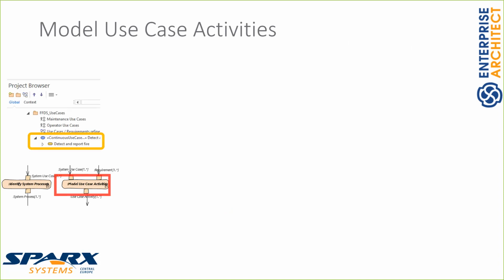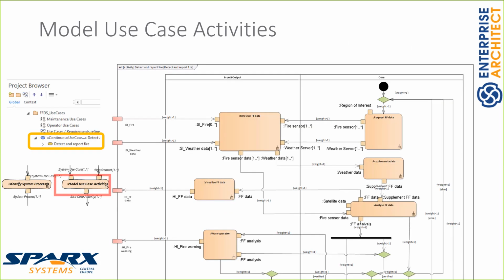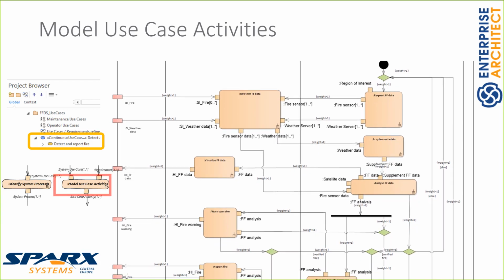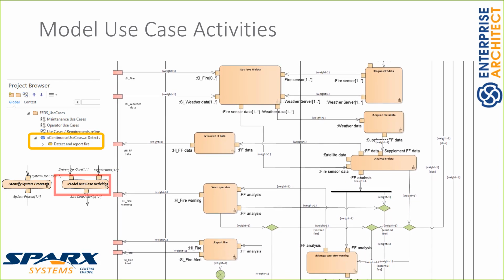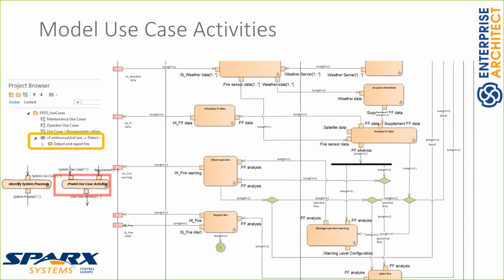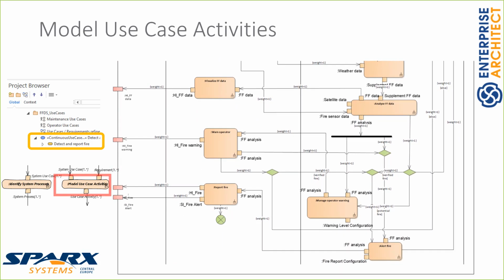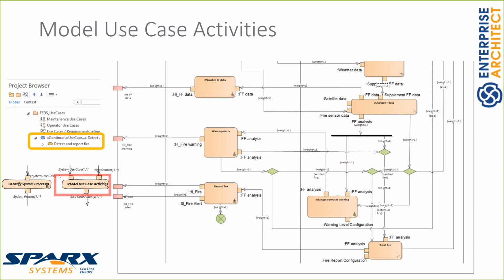The next thing, model the behavior of system use cases. The use case activities specify the functional decomposition of the system use case, including the order of execution and the object flow between the system functions. So the specification could be a rough description or a very clear and detailed specification of the use case function.